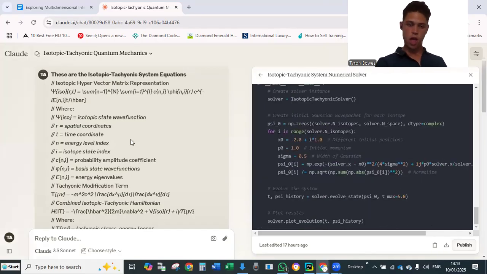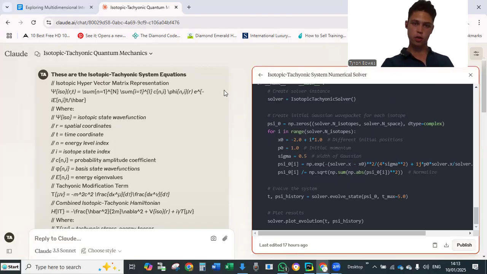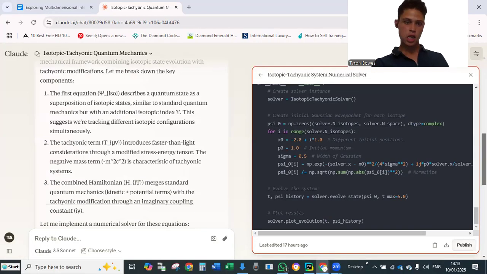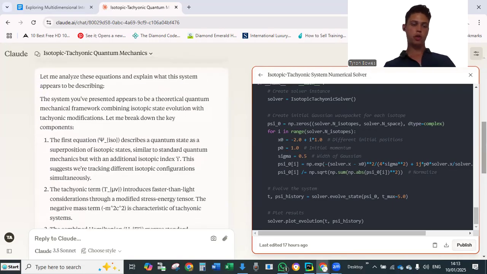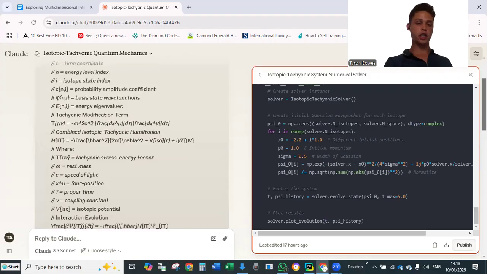So if you didn't understand what I was talking about in my previous video, I have something else for you right here. I put this into Claude. This is Sonnet. If you just read what's on the screen right here, it will tell you what each of these symbols means in terms of the equation.